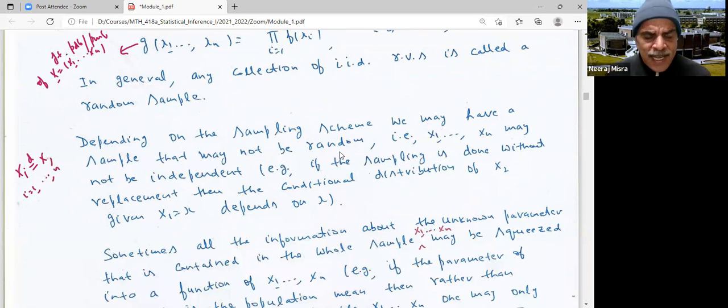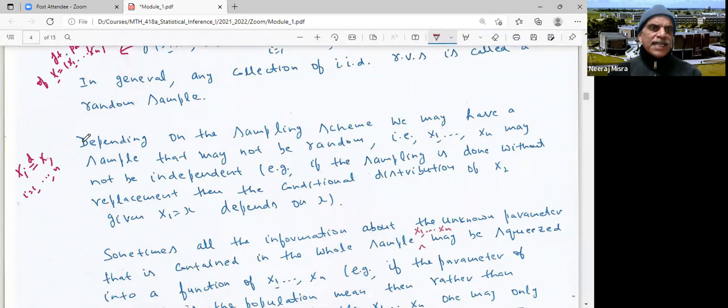So the only way in which your sample may not be a random sample is that they may not be independent. That is what is being said here: x1, x2, xn may not be independent, because identically distributed will always be satisfied as they all come from the same population.